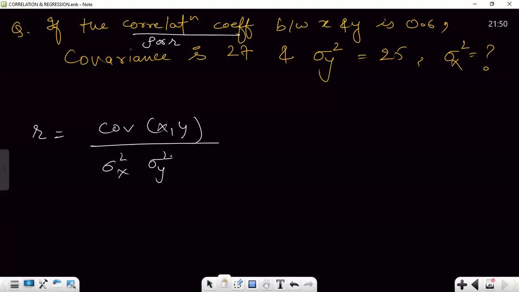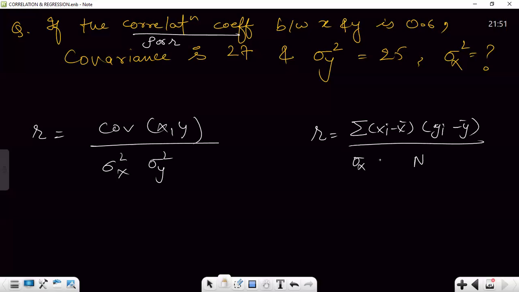If you just remember one formula, that covariance of xy is this, and you don't remember the other formula of the correlation coefficient, then you are going to get stuck in long calculations.